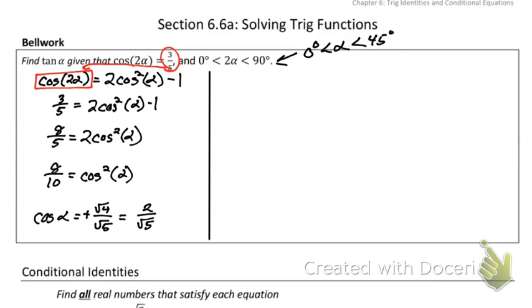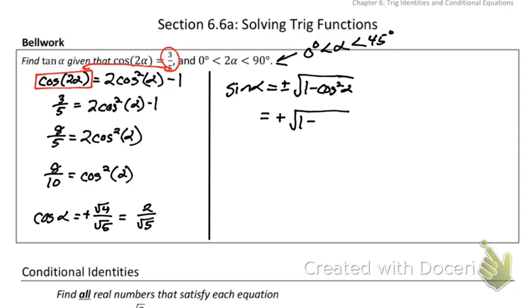So to get to sine, we're going to say, well, sine alpha equals plus or minus the square root of 1 minus cosine squared alpha. Well, first of all, we're in quadrant 1, so it must be positive.